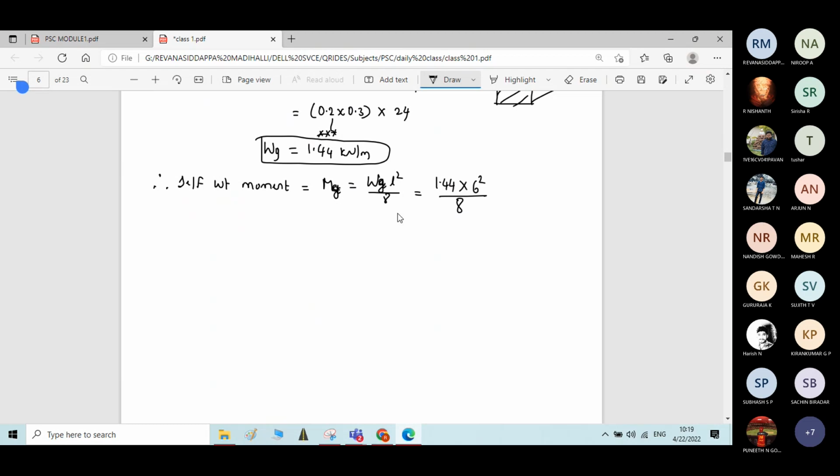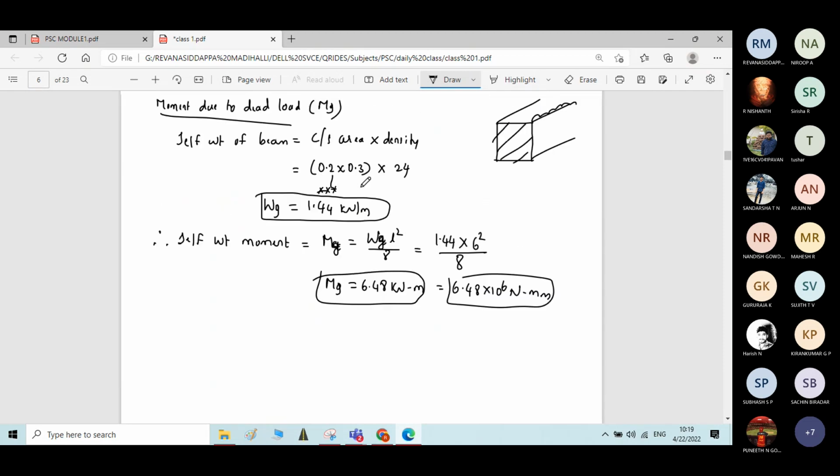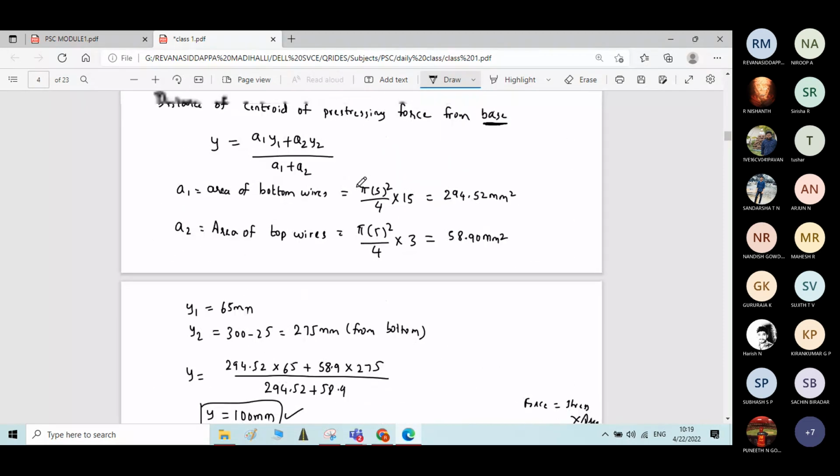If you calculate the moment Mg, you will get 6.48 kilonewton meter. In terms of Newton millimeter, it will be 6.48 into 10 power 6 Newton millimeter. Now the self weight moment is over.